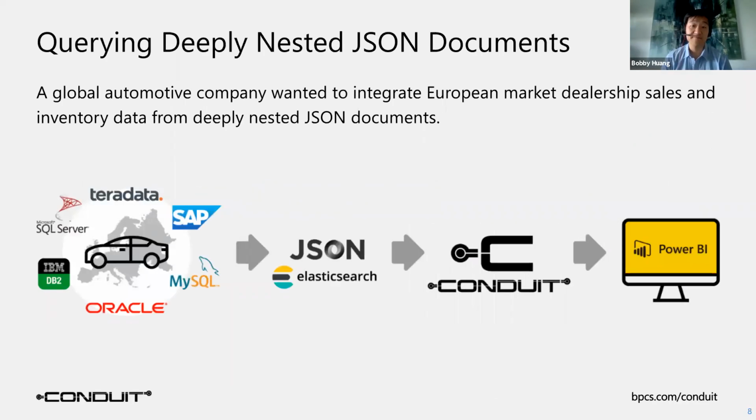So the first use case that we'll go into is an automotive manufacturer, one of the largest in the world. They hired an IT firm to help consolidate their dealerships' data, and this is for Europe. Think about all the data that is housed at a car dealership: sales data, inventory, parts, service, customer data, all kinds of different data.